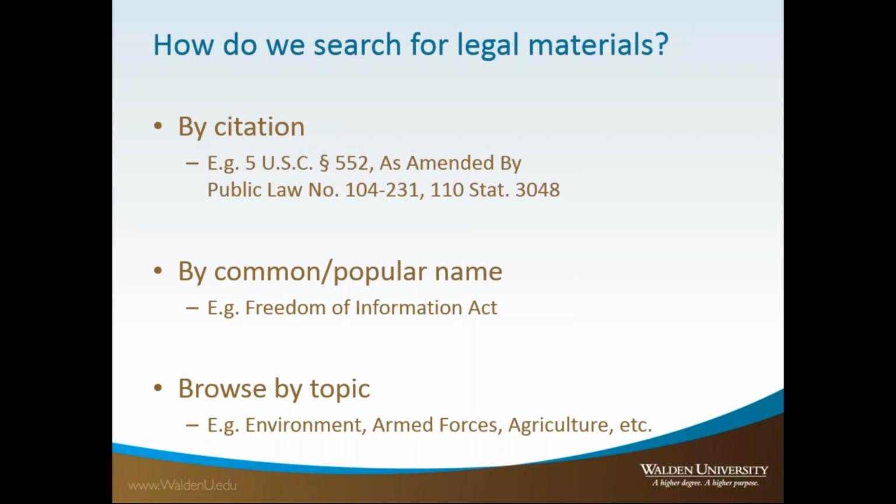But if you do, say you were reading a Wikipedia article about adoption policy, and it gave you a reference in citation format, you could then take that and look in these databases and government websites. Another way is by common or popular name, for example, the Freedom of Information Act. And finally, you can just browse generally by topic.